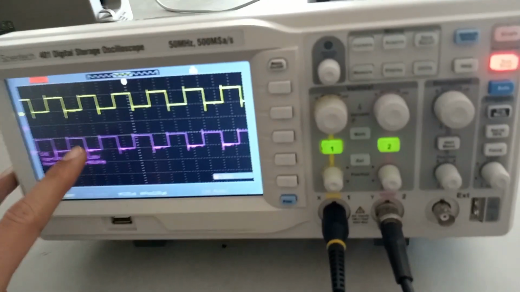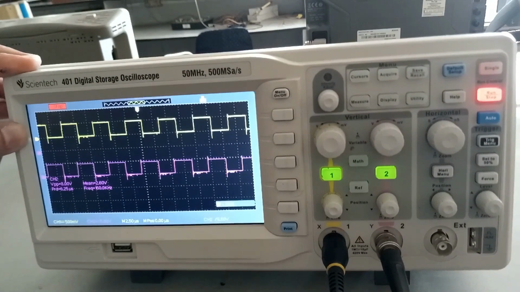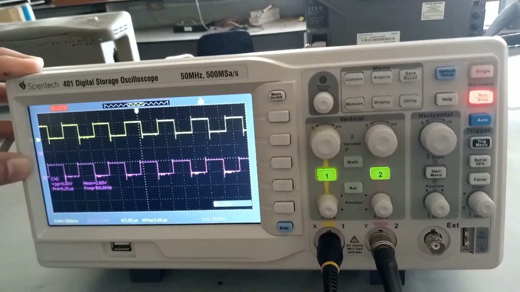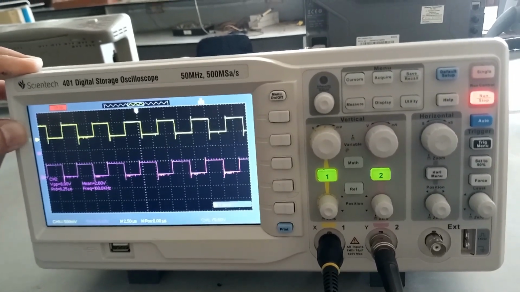See at channel number 2, this violet color is your demodulated output, and the yellow color is your original data signal. Now we can see that the demodulated output is matching the original data signal.